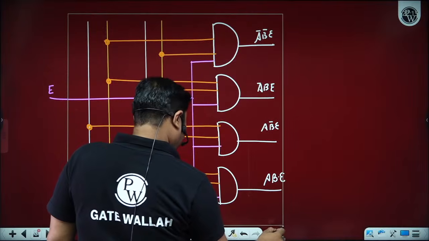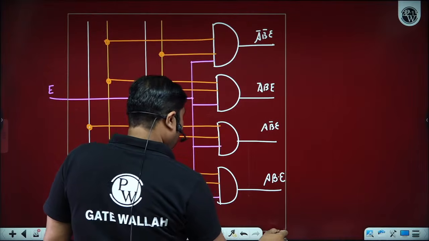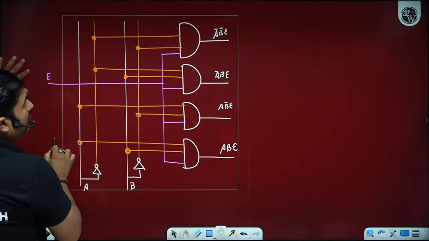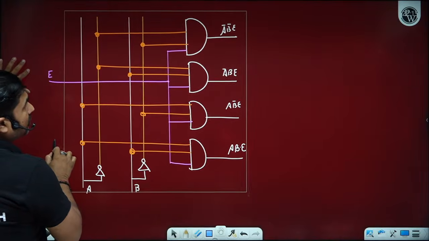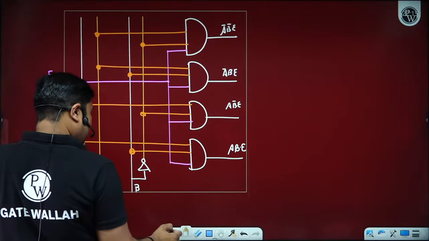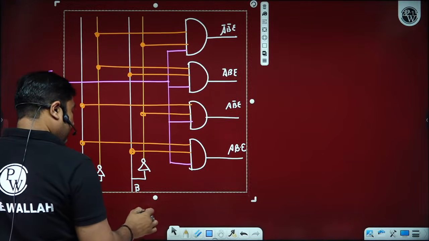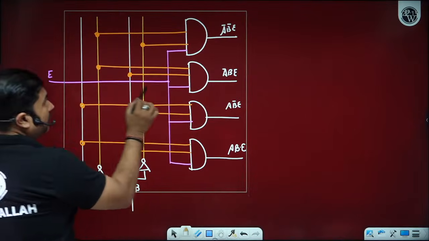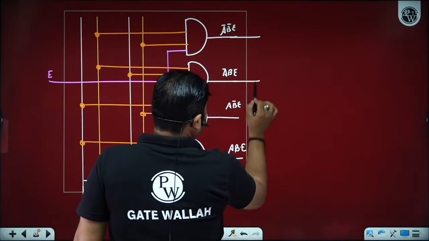How many of you can observe that the circuit of the 2x4 decoder and the 1x4 demultiplexer is absolutely the same?